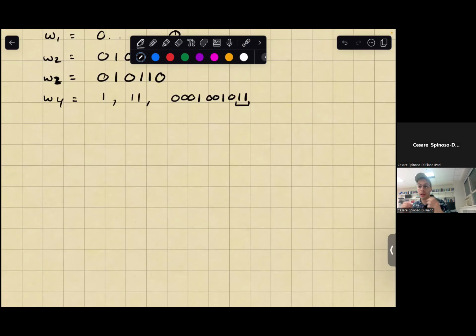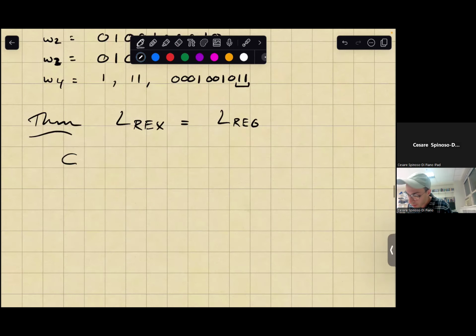Okay. And so intuitively, how you can see this is, the reason for this direction is that from a regular expression, you can build a DFA, or an NFA. Let's do an NFA.